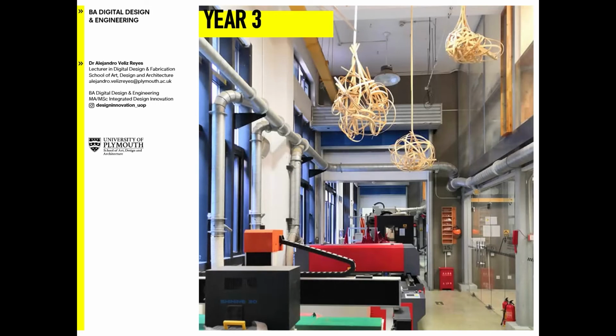In year three, there is an optional placement year, or you can move on directly to the last year of the course. If you go on placement, we will monitor that placement in order to make sure that you learn what is expected from you to learn during that year out in industry. The aim of that year is, of course, to expose you to different practices and contexts for digital industrialization technologies.